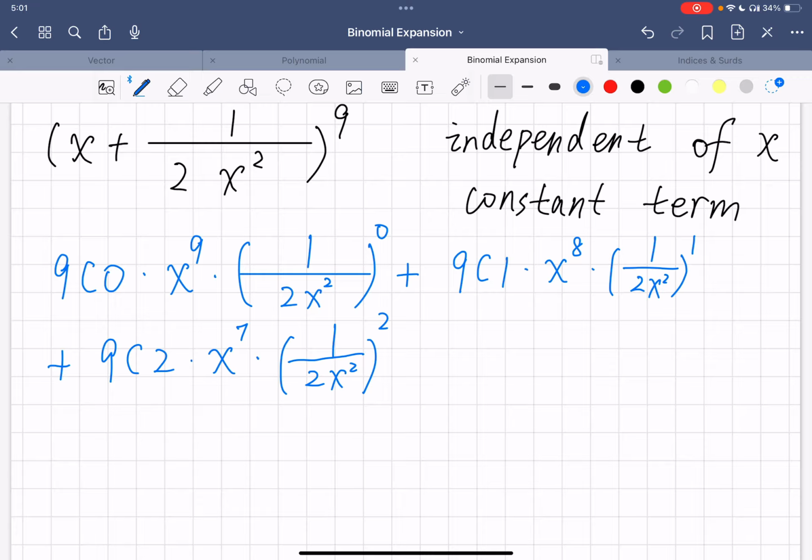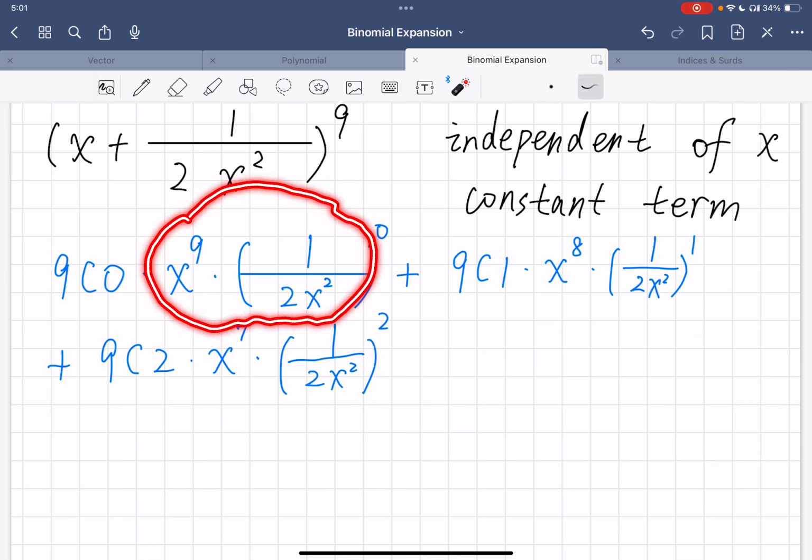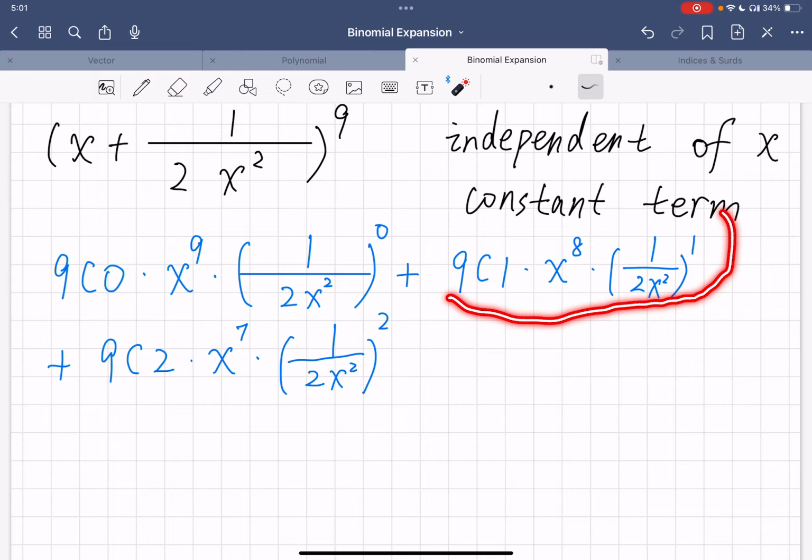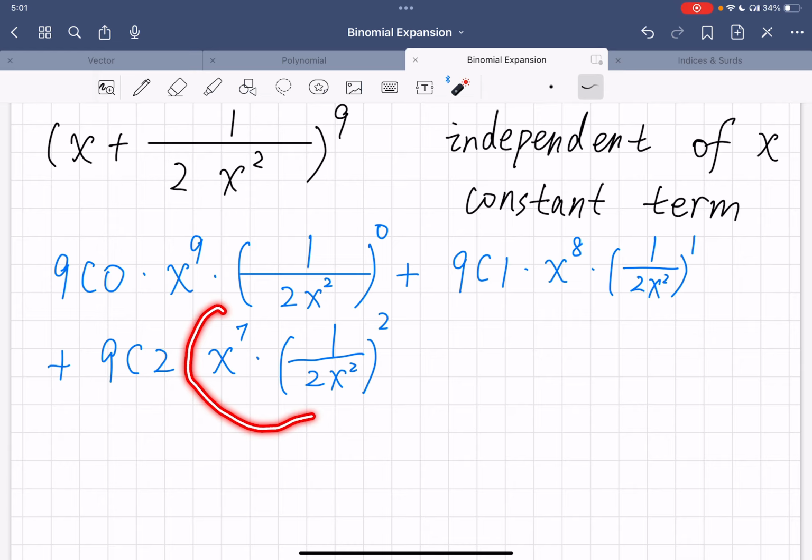We only need to find the coefficient for the term whose variable's power is 1. So can this term make the power of x equal to 1? Absolutely not. How about this term by inspection? No. How about this one? Yes or no?